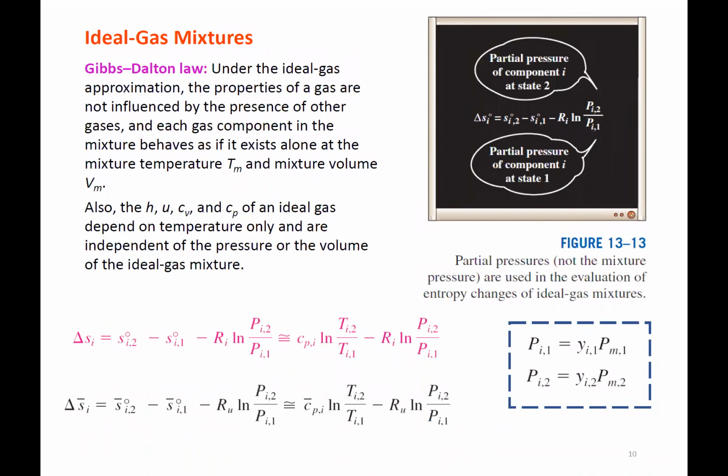All right, so one thing is if you need the change in entropy of an individual component. We know from the ideal gas, delta S is, we've had this for variable specific heats, and this one is for constant specific heats.